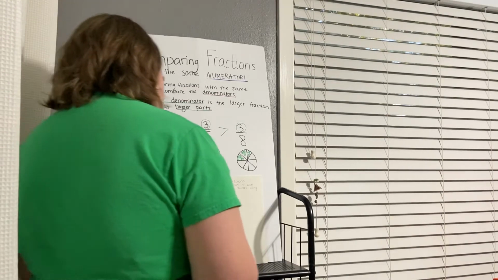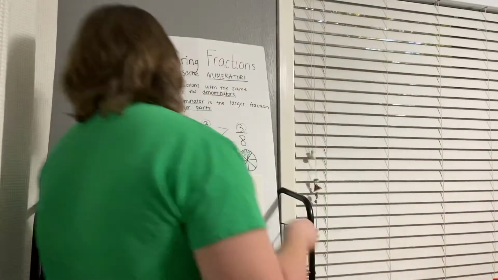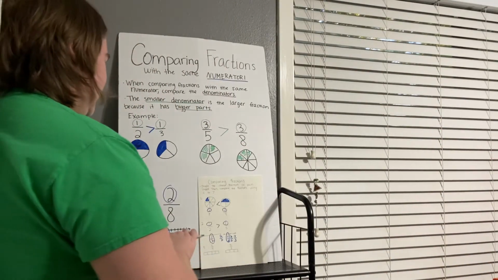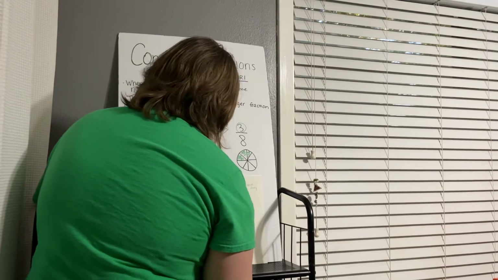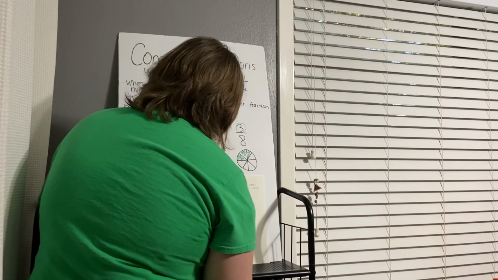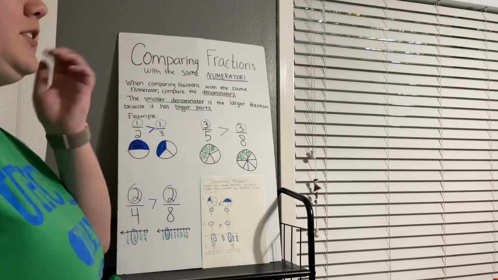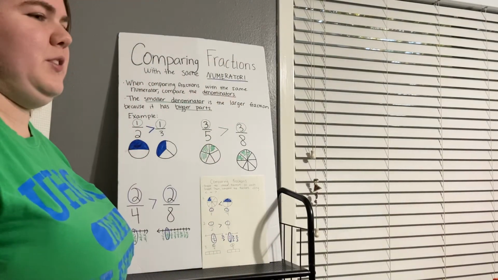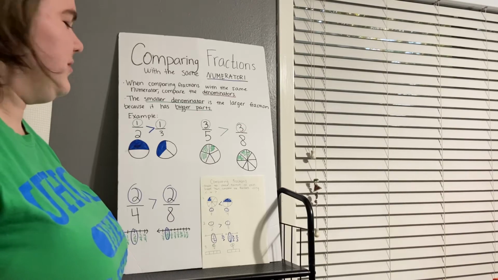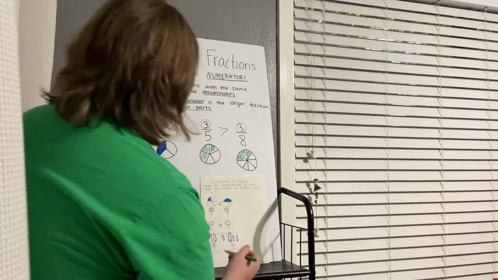So let me use a different color. So we circle what's the same, the numerators, and we compare the denominators. So then what are we gonna do? This one's a rectangle, so we can shade it. We're gonna shade it.